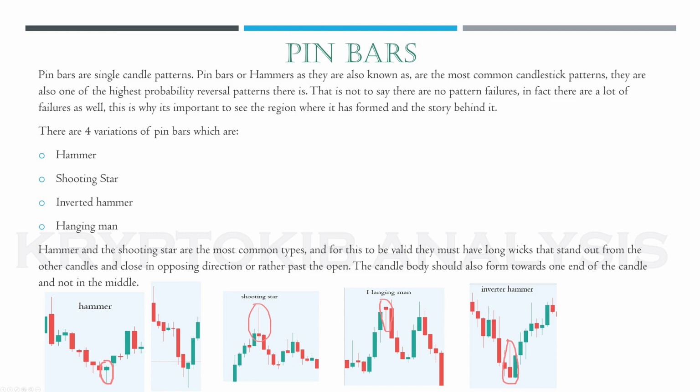The candle body should also form towards one end of the candle and not in the middle. This is because if it forms in the middle, it is no longer a hammer or a pin bar. It becomes a doji or a spinning top. There is a tiny difference between a doji and a spinning top, and there can be a tiny difference between a pin bar and a doji, so you want to pay attention to that.